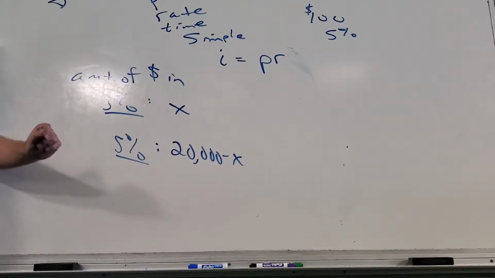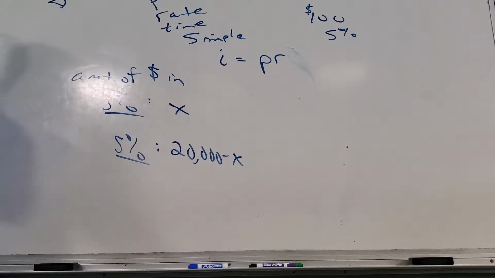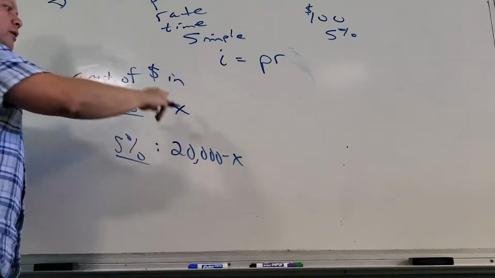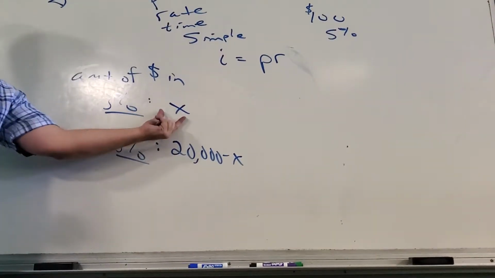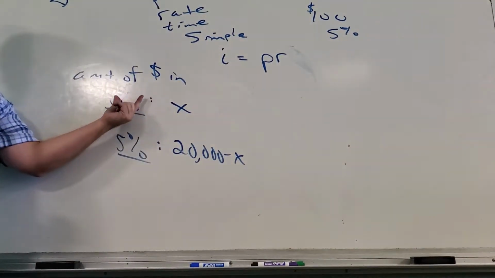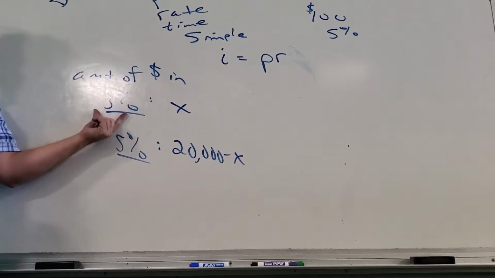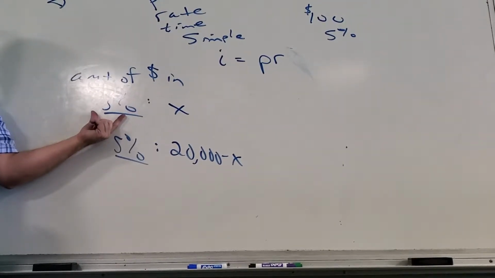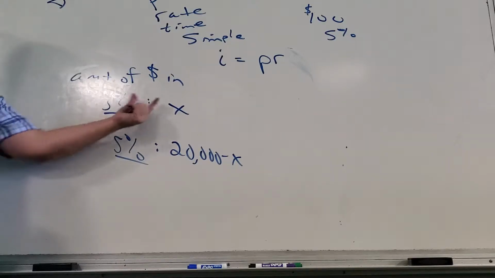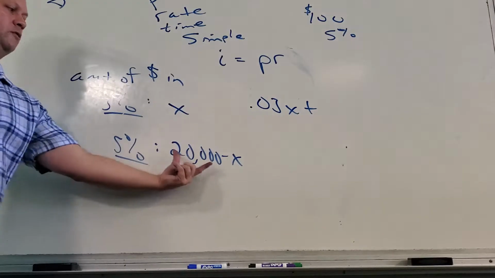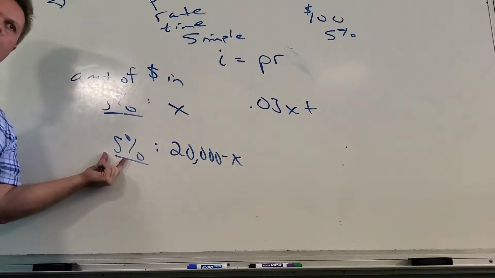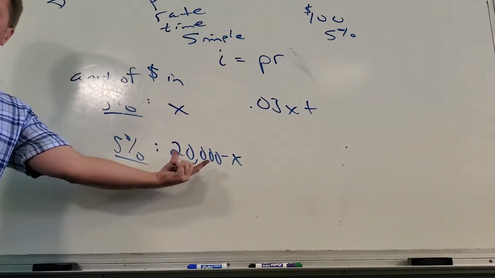All right. So now, they're asking how much did she invest in each account, and she wants to earn 4.5% on the total amount. So how much interest does she make from this account? 3% of X. Mathematically, that's 0.03 times X. Plus, how much does she make from this one? 0.05 times this whole mess.